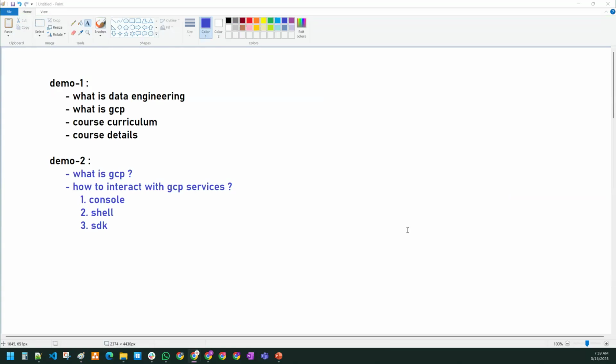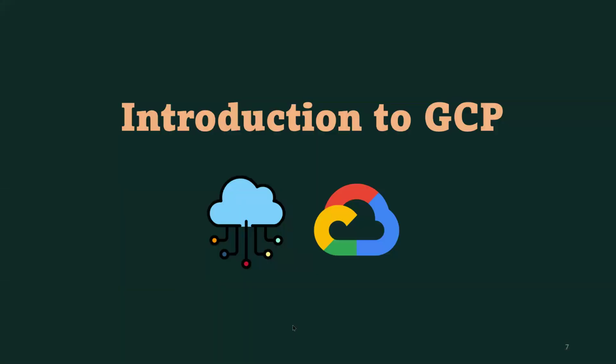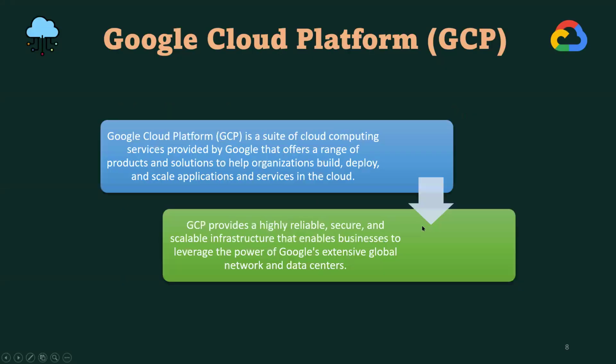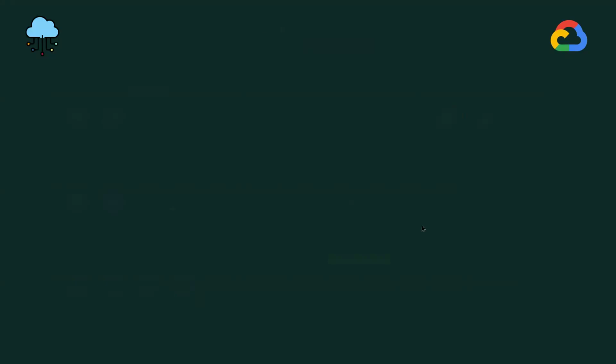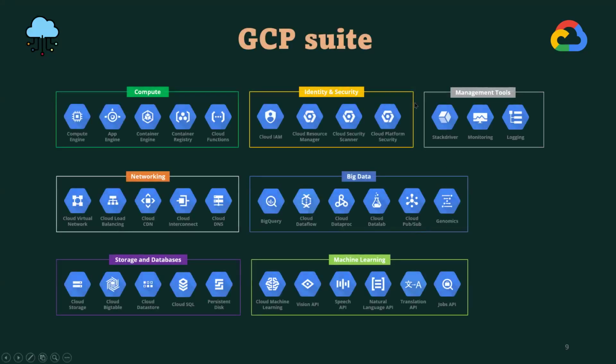Okay, let me tell you. Google Cloud Platform is one of the leading cloud providers. Similar to AWS and Azure, it provides cloud computing services for organizations to store, process, analyze, and visualize data.